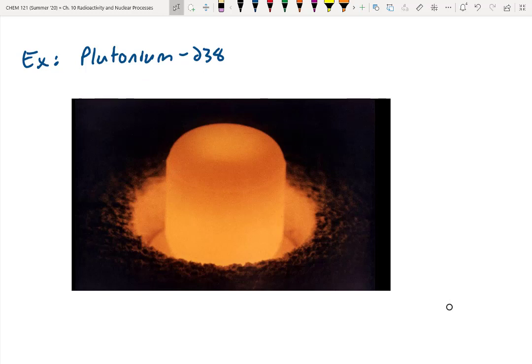It gets super, super hot, and it stays hot for decades after decades after decades through the nuclear decay process. In particular, it's emitting alpha particles, which generates heat. These are actually used in long-distance spacecraft to help power the spacecraft. A good example would be the Voyager probes that were launched in the 70s.